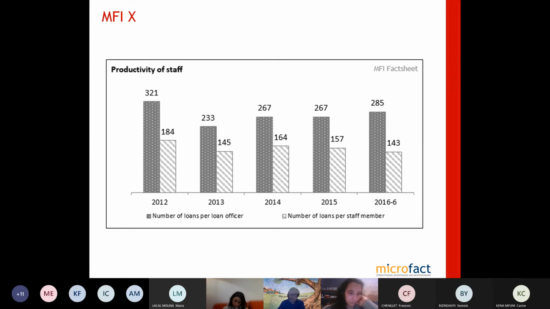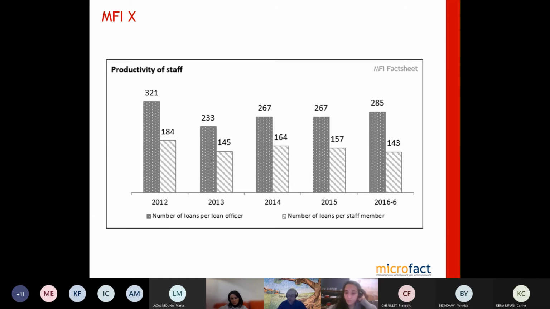The staff, they had to write, apparently the loan officers, the burden on them, the workload was too high, 321. And that was the year with the high write-off, with the high portfolio at risk.